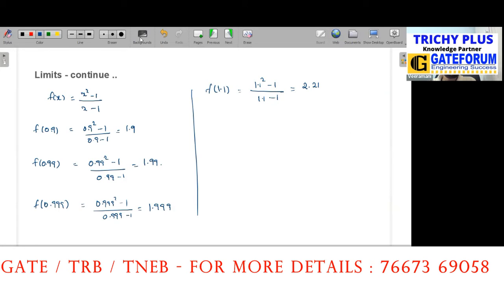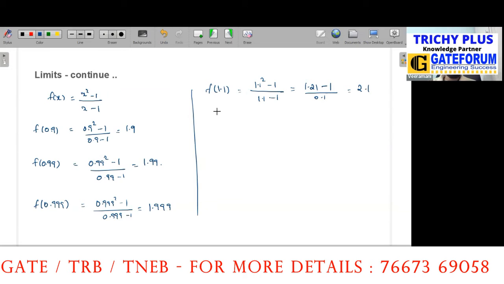Somebody, what is the value of 1.1 squared? 1.21, right? So 1.1 squared is nothing but 1.21, minus 1, so this is going to be 0.21, divided by 0.1, which is equal to 2.1.